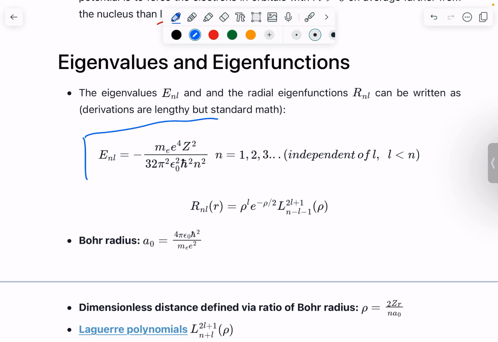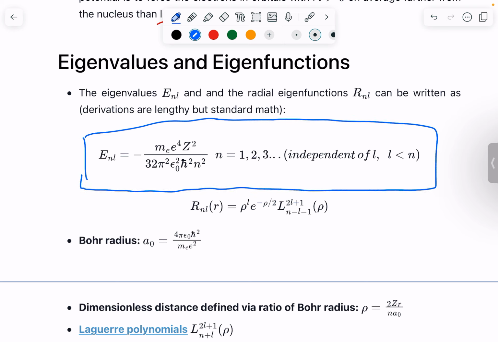And the same quantum number n. The difference is that the Bohr model got here with some crazy mix of classical mechanics and some ad hoc restrictions or conditions that Bohr had to throw at the problem just to get the right answer.